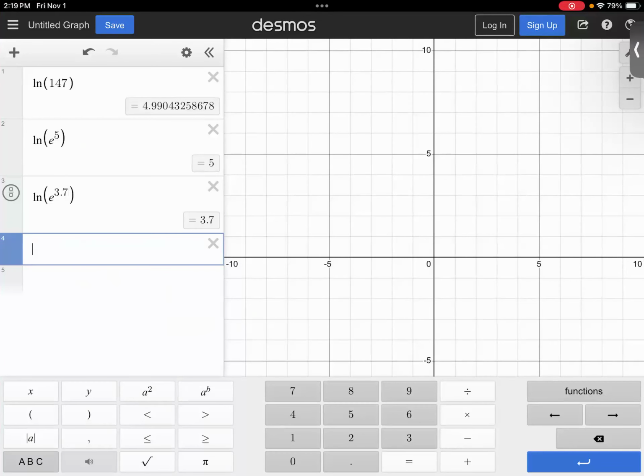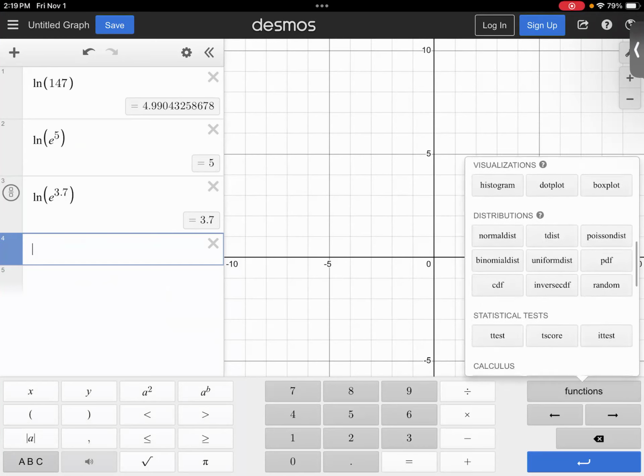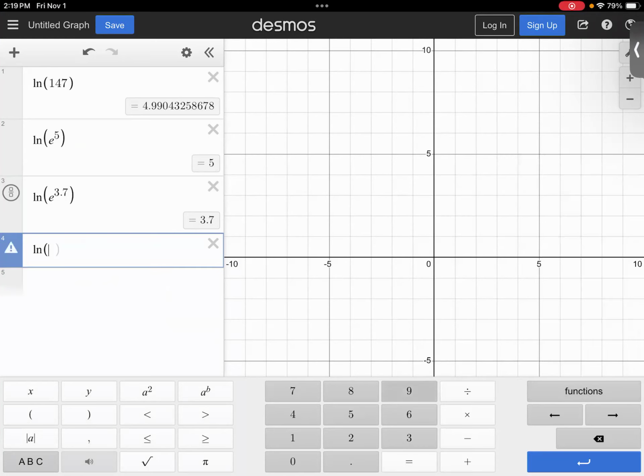So we would have natural log of 987 plus 7. Let's put all this in parentheses.